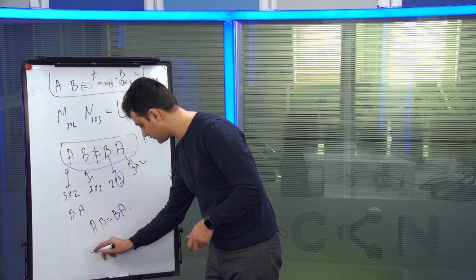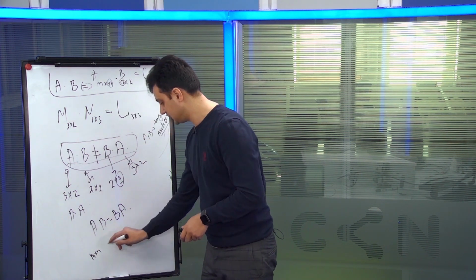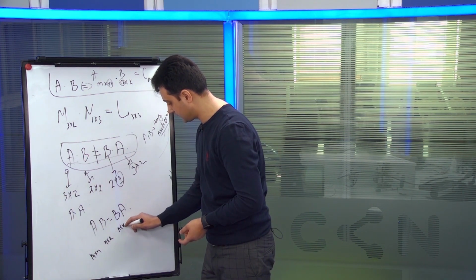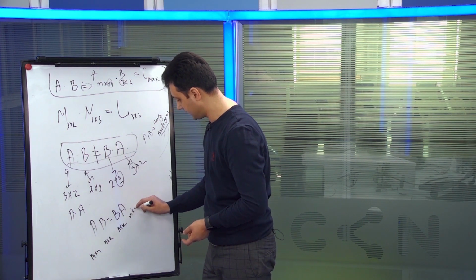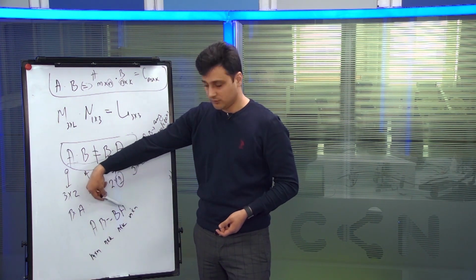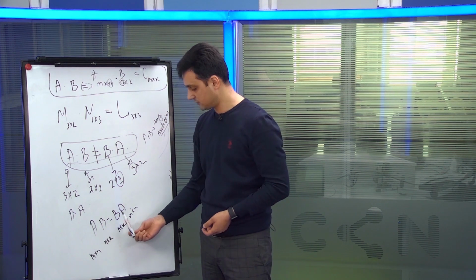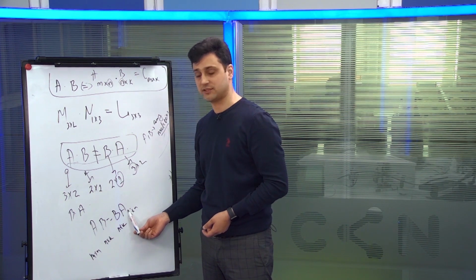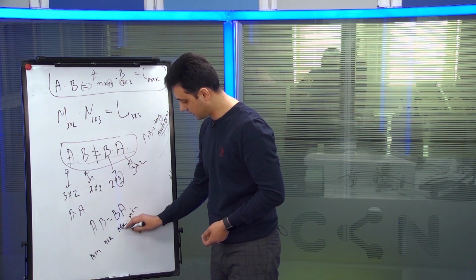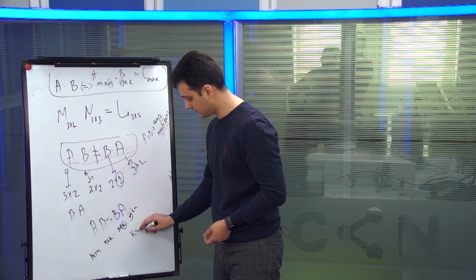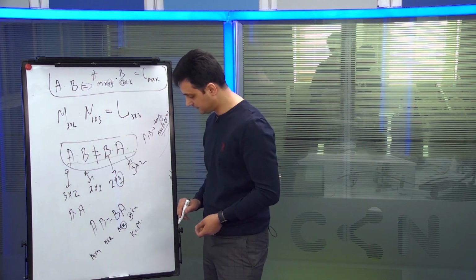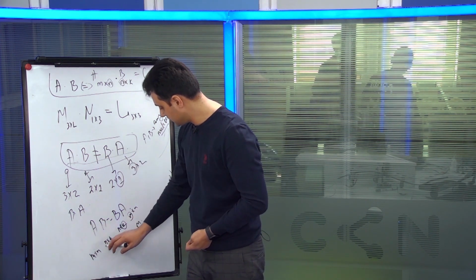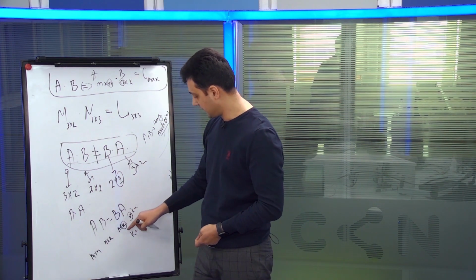If A is M by N and B is N by K, then for this multiplication to be possible we have N and N here, and for the other multiplication to be possible, K and M must equal each other.